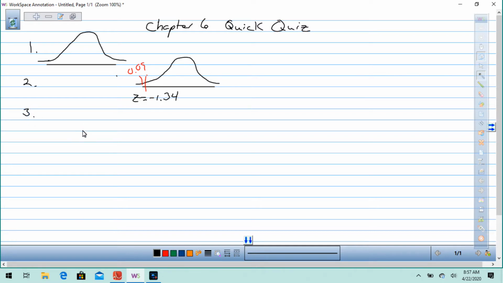Number 3. For a randomly selected subject, find the probability of a score greater than negative 2.93. Let's draw us another one. I need to practice.